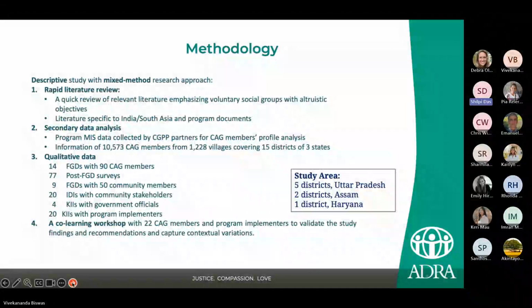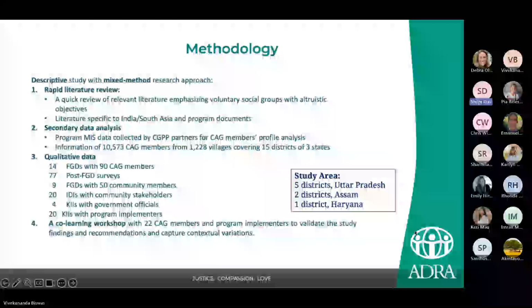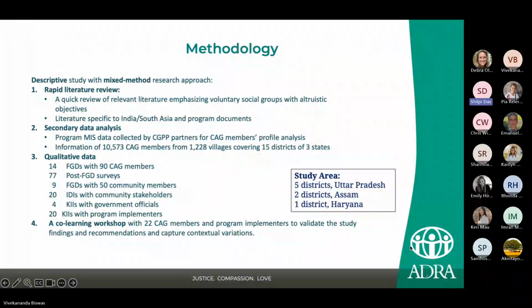Key informants from the government officials were also there. So through the rapid literature review, the secondary data analysis and the qualitative data, this whole methodology was done. And post this, a co-learning workshop with 22 CAG members and program implementers like the DMC, the BMC, and the program managers was held to validate the study findings and recommendations and capture the context variation.